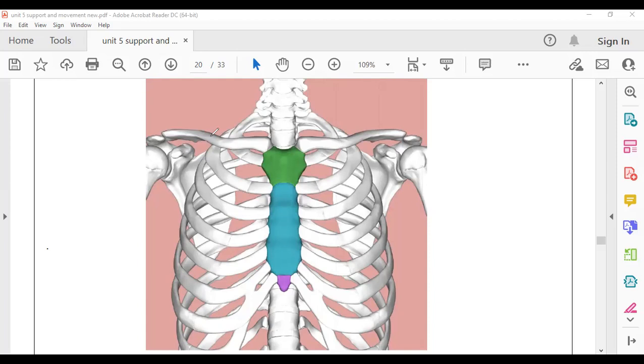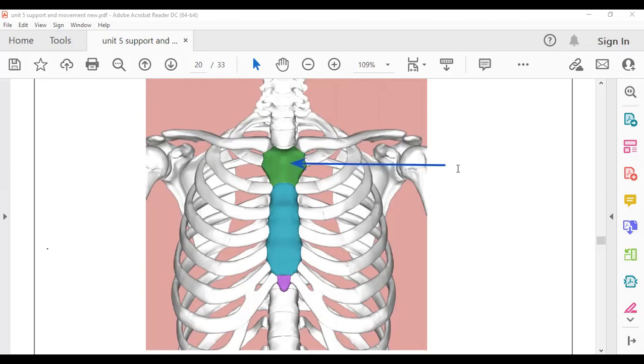Manubrium of sternum. So who is the manubrium? The topmost part, the green color part. That is the manubrium. Correct?